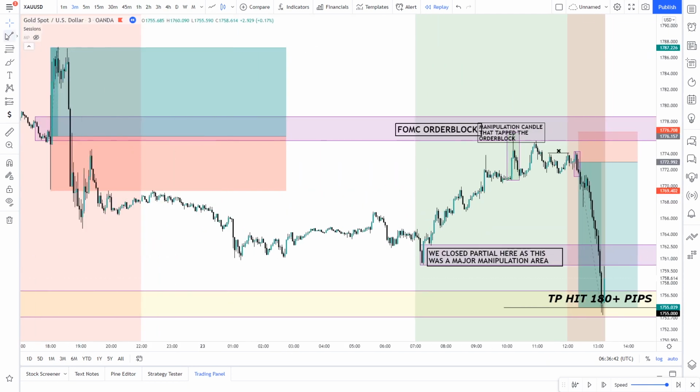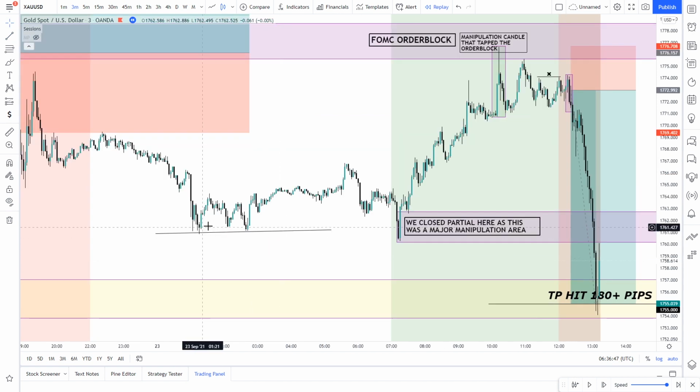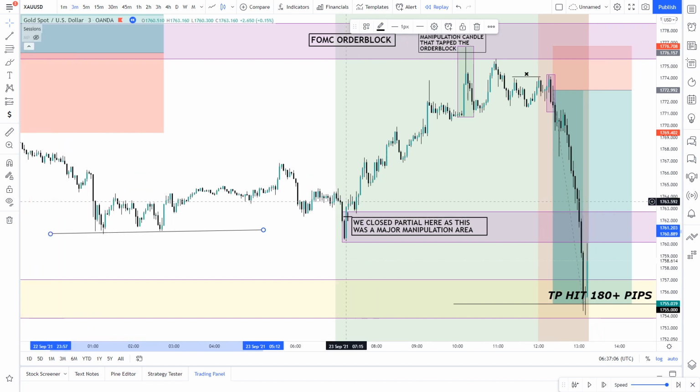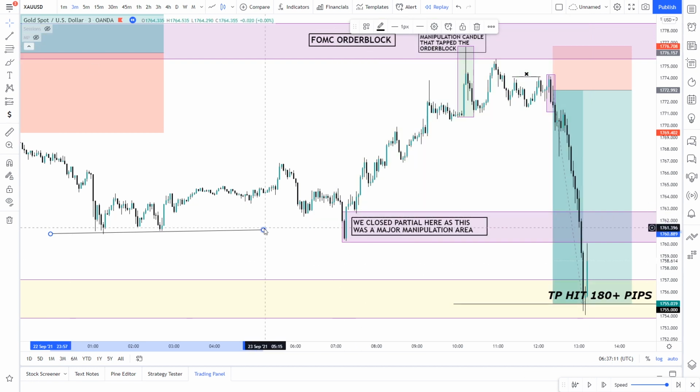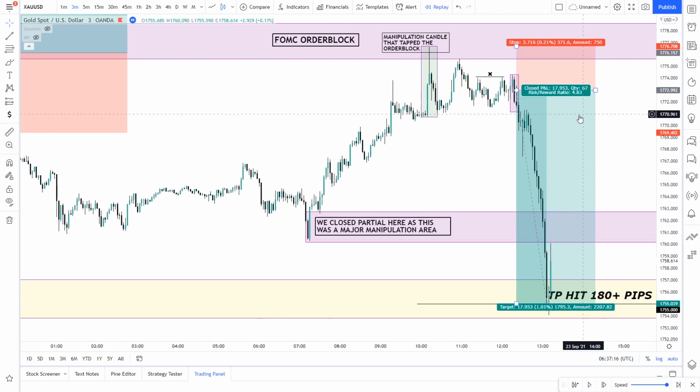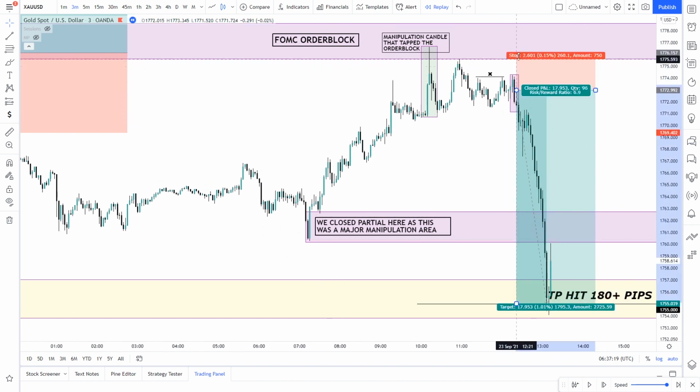You can clearly see that the people who thought of going long from this area had been taken out with this move, because after seeing this engulfing candle, many retail traders went long, keeping their SL below these equal lows. At the very beginning of the London session, price simply grabbed this liquidity and went up. So this was a zone to consider. That's why we closed partial and moved our stop loss to our entry right here.